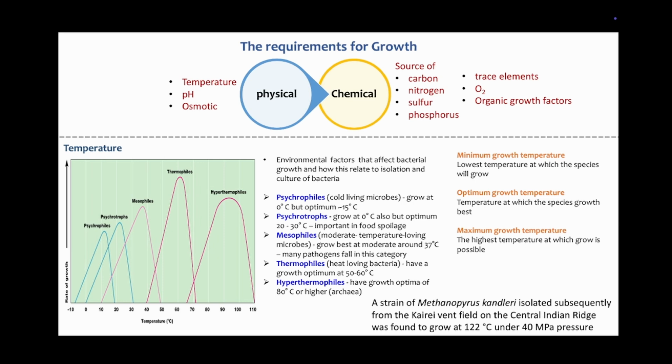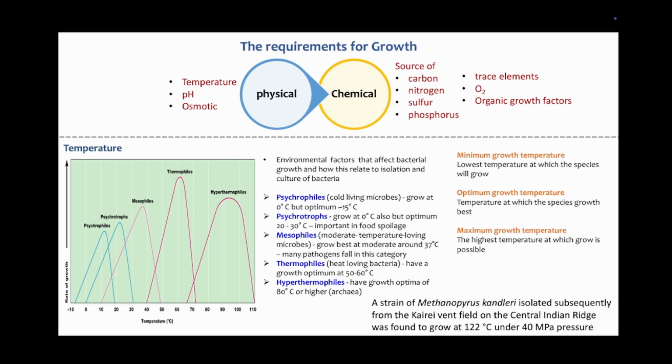So even at 122 degrees Celsius, it is not boiling, and this bacteria can grow. So this is the deep sea thermal vents. Okay? Only in habitats like that, the temperatures can go above 100 degrees Celsius, and life can still thrive.